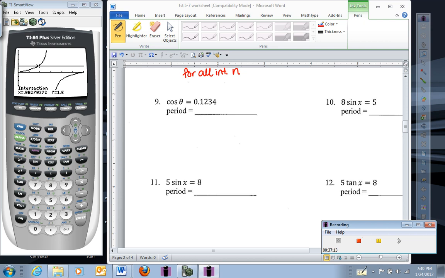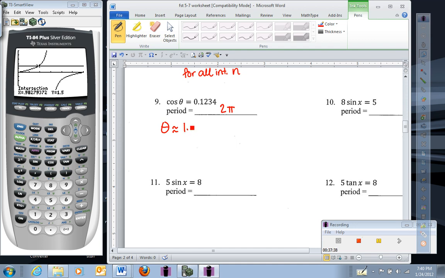Okay, I hope you had good luck doing that problem. The period should have been 2 pi. And for the solutions for number 9, even though 0.1234 is a pretty cool number, it doesn't come out that nifty when you trace it, does it?